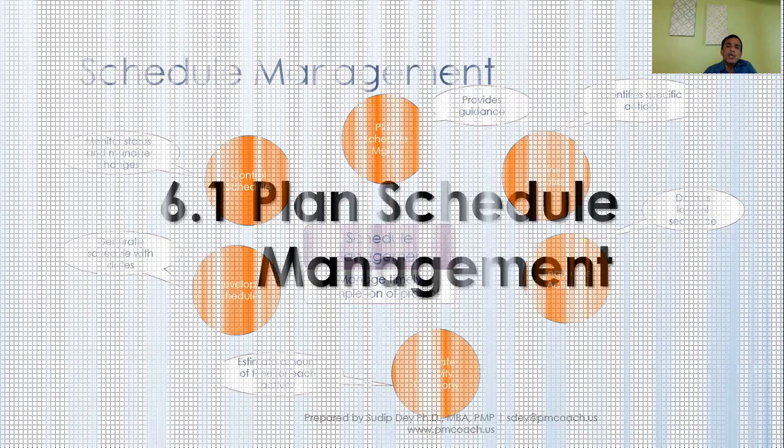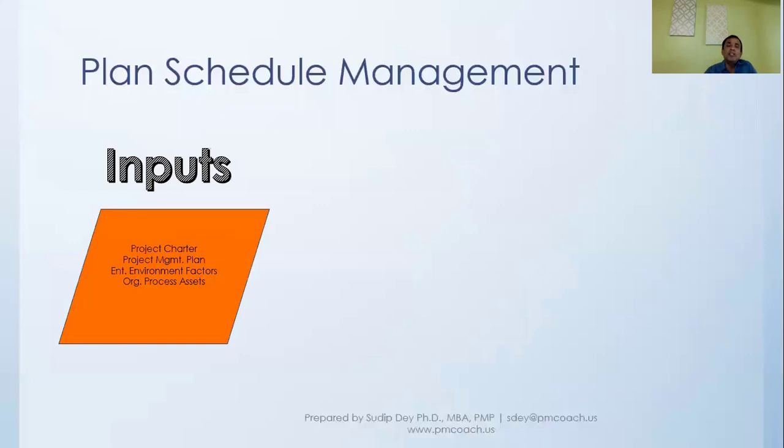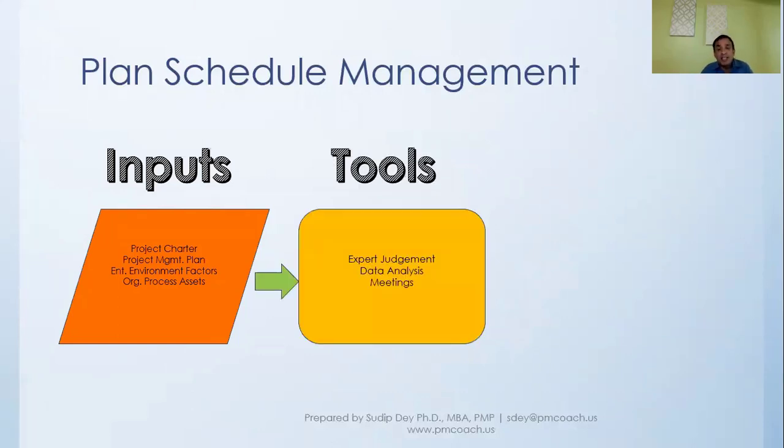So let's look at the first process, which is plan schedule management. In terms of process, the inputs we'll have are the project management plan, because there will be other plans that we have drawn, and then the project charter, and we take these as input.